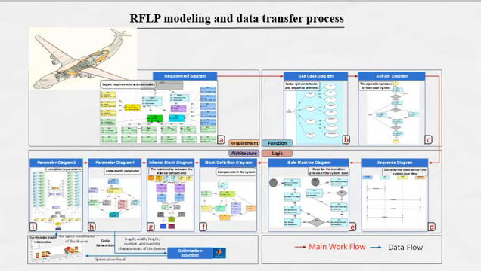Requirement diagram models are created to describe the functional and performance requirements of the radar cabin. The use case diagram and activity diagram models are created to describe the use case and the function flow of radar detection.